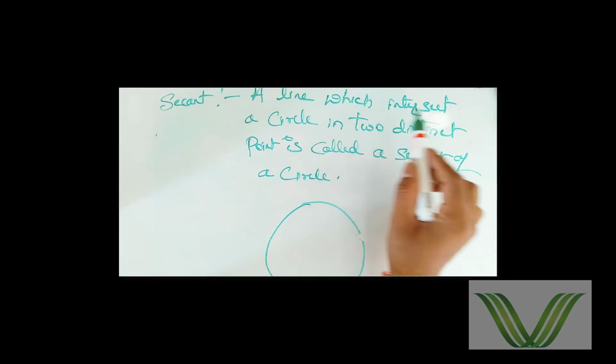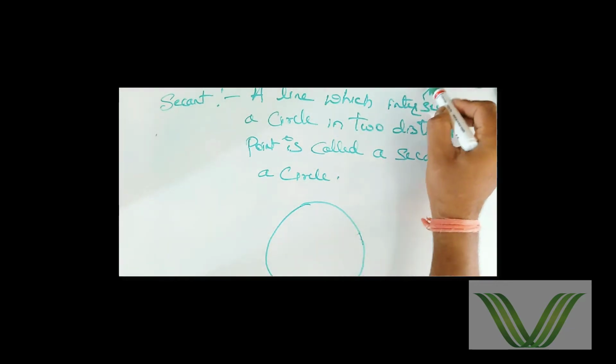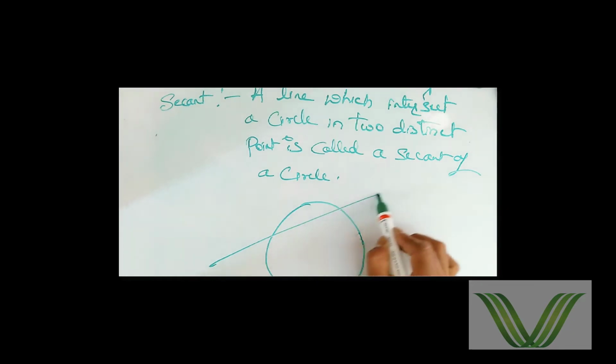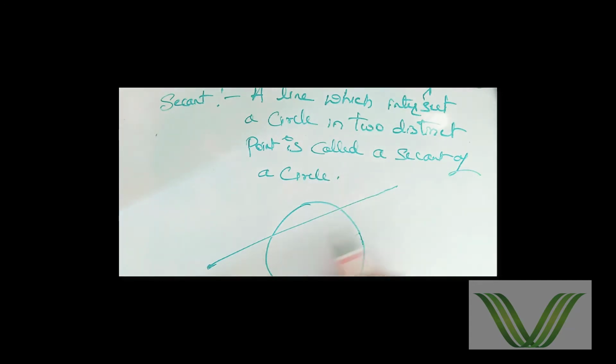A line which intersects a circle. Intersecting is a line passing through the circle. So I am passing a line, it is intersecting through a circle at two distinct points, point 1 and point 2.